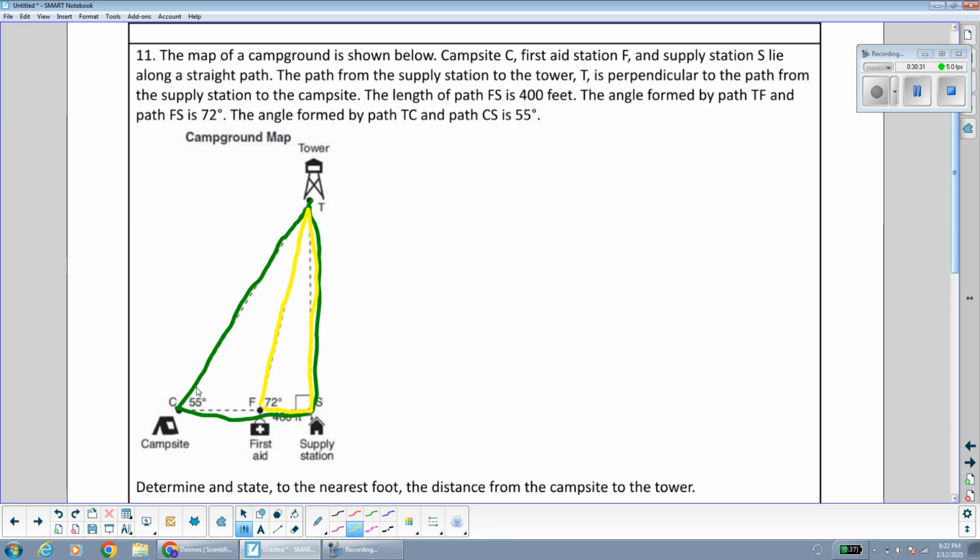So what I need to do is use my yellow triangle, in which I do have an angle and a side, to get more information about my green triangle. Since the yellow triangle and the green triangle have this side in common, I'm going to find this side. And then if I have this side, I should be able to use it with my big right triangle to find this.